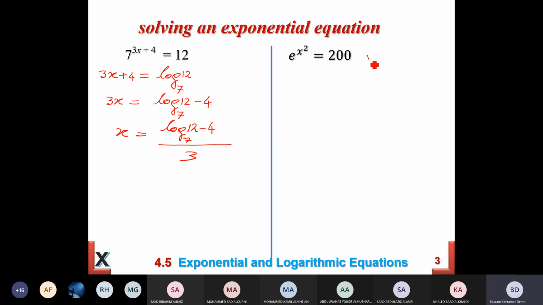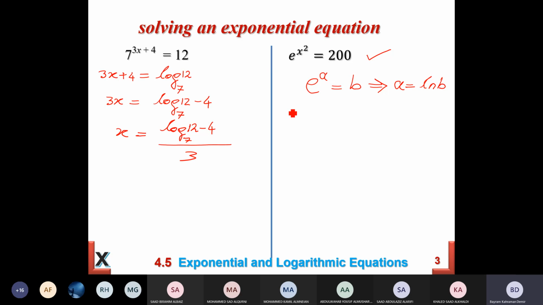In this example, we have a base of e, so e to the x squared equals 200. So just remember, if you have e to the a equals b, we write a is equal to ln of b. Yes, this is the property.